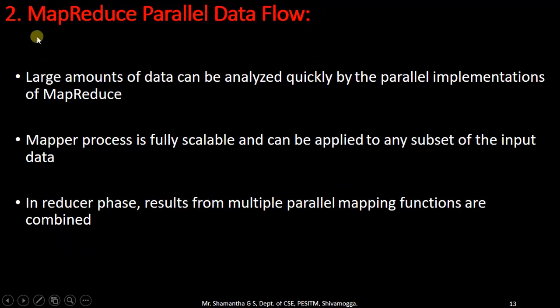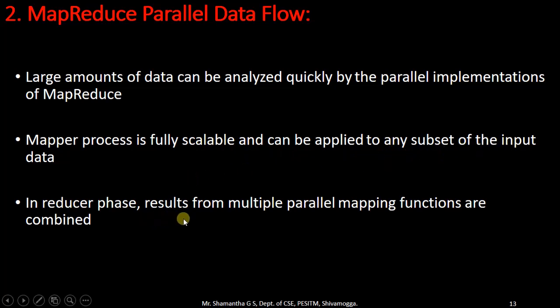Now we will move on to our second concept, MapReduce parallel data flow. As we already know, information in HDFS is located in various data nodes, meaning not in a single system. It is distributed over a large number of data nodes. So a large amount of data can be analyzed quickly by parallel implementation of MapReduce. The mapper process is fully scalable and can be applied to any subset of the input data.